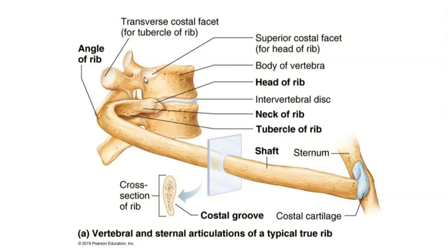The head of the rib makes contact with the costal facets on the bodies between two vertebrae, while the tubercle of the rib makes contact with the transverse costal facet that we see on the thoracic vertebra.